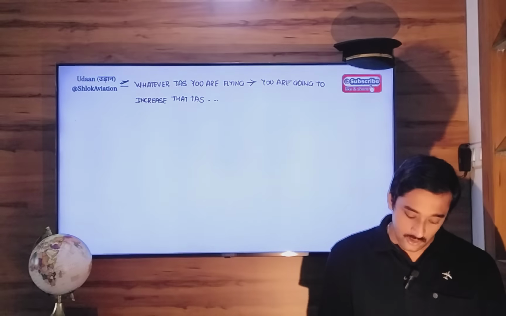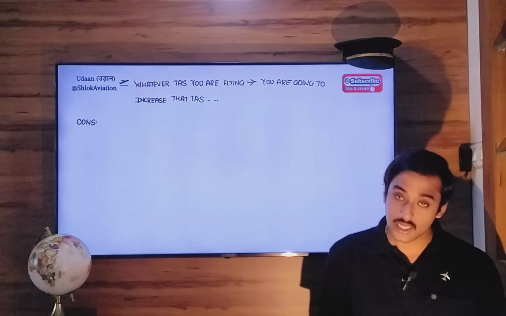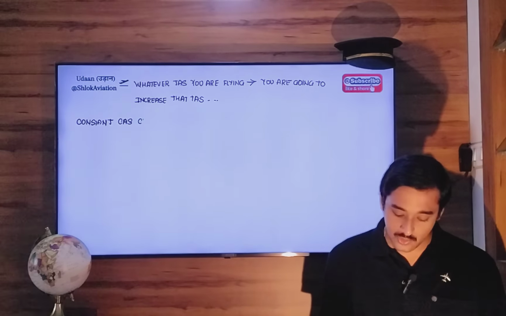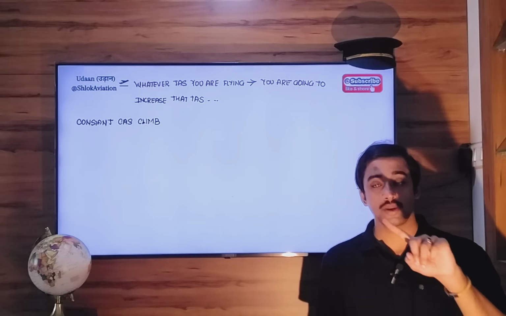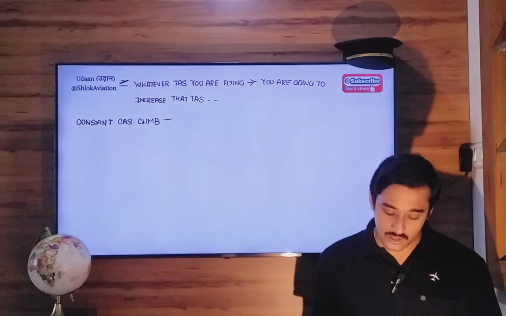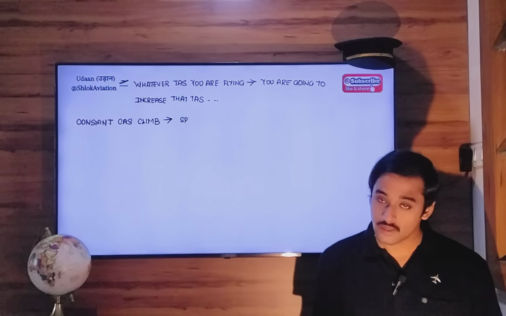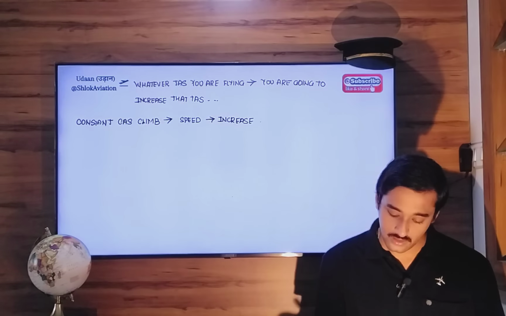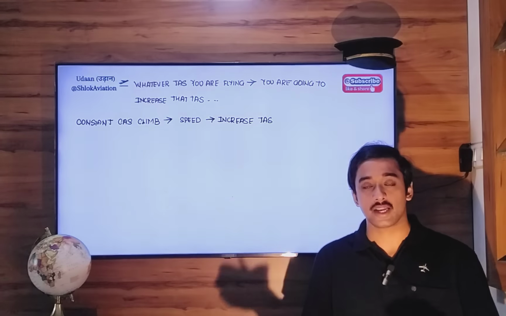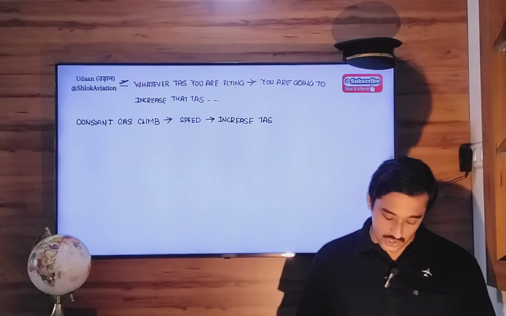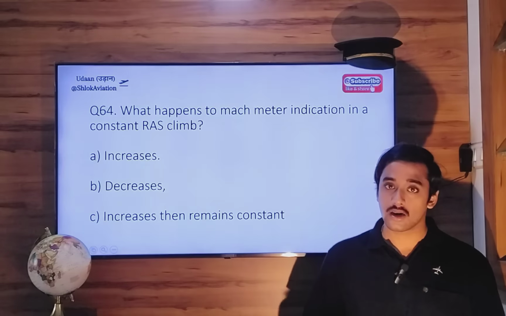Therefore, if you want to remain in a constant calibrated airspeed climb, you don't want your airspeed indicator to show a decrease in value, so you have to speed up, or increase the true airspeed of your aircraft. This increase in true airspeed will keep your calibrated airspeed from falling in value. Okay, so this is the explanation.